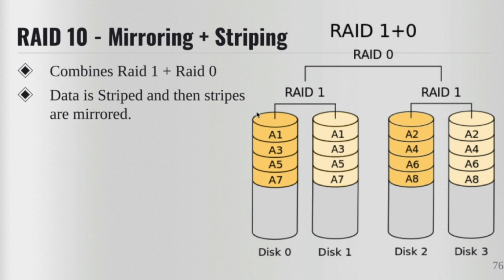The dark yellow is getting striped first, and then each stripe is getting mirrored. So now you can see it's getting mirrored. RAID 1 means mirroring. So A1, A1, A3, A3, A5, and similarly A2, A2, A4, A4. This is getting mirrored. So first the data is striped, these dark yellows, and then it's mirrored, so the light yellow. Okay. All right.